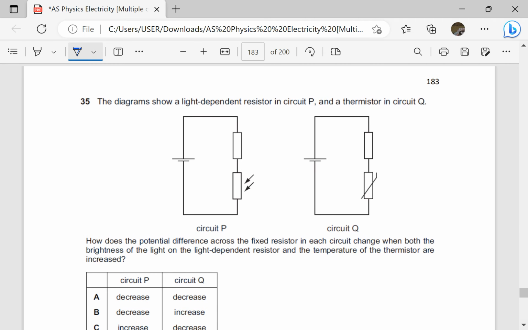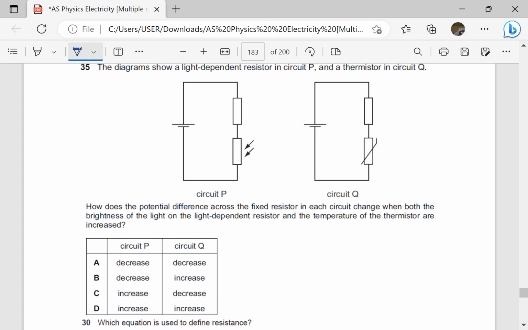The diagrams show a light-dependent resistor in a circuit P and a thermistor in circuit Q. How does the potential difference across the fixed resistor in each circuit change when both the brightness of the light-dependent resistor and the temperature of the thermistor are increased? Okay.